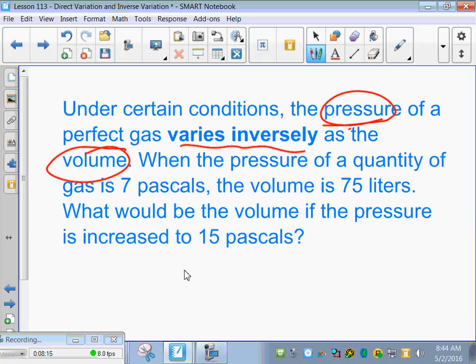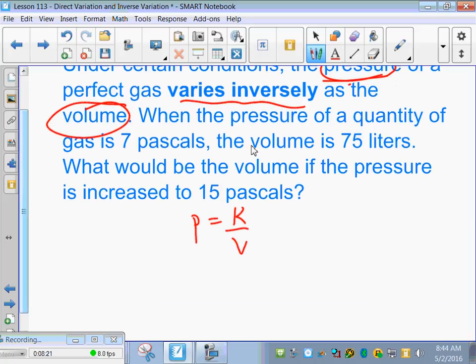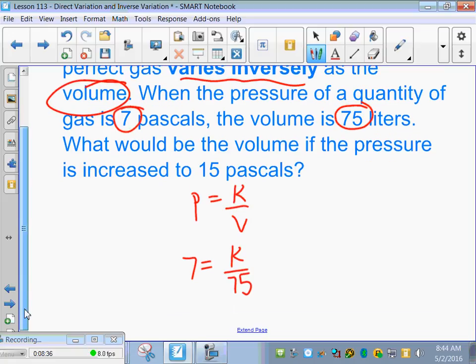Monica. Good. All right. When the pressure of a quantity of gas is 7 pascals, the volume is 75 liters. Raise your hand if you can tell me what the next step is, Julia. Okay, yep. Now we have to solve for K.